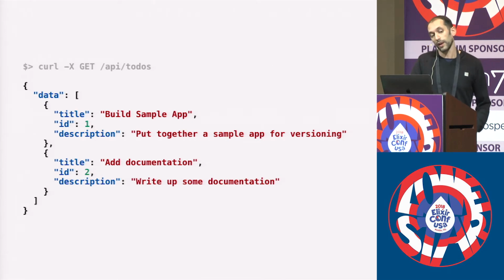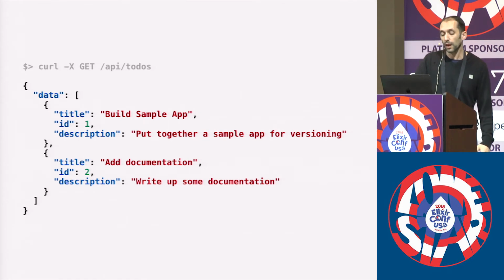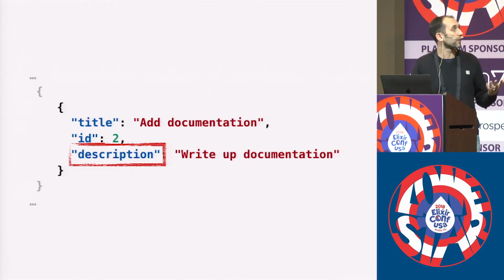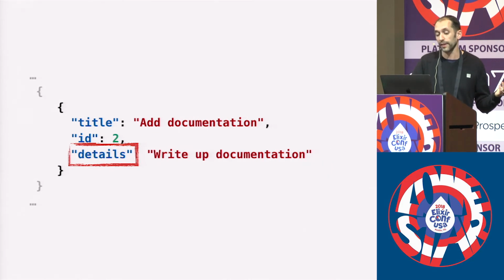What if we want to change something in the response? So we have our to-do items again. We have a title, ID, and a description. This time, we want to change the description field. We've decided that details is actually a better name. So again, it's a simple change, but people might be depending on that description field, and we can't just change that.